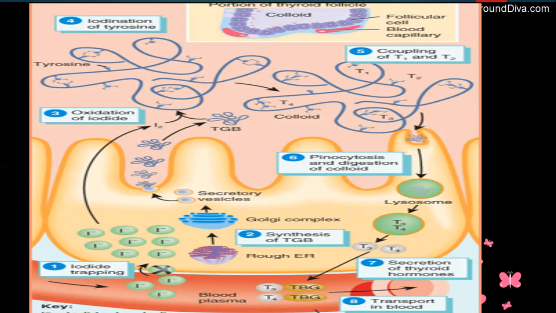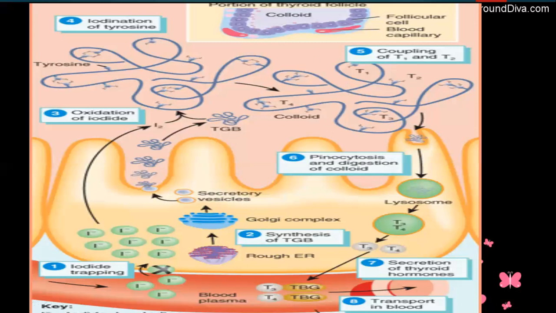If two diiodotyrosines join, it will form T4, tetraiodotyrosine. If T2 attaches with T1, it will form T3, triiodotyrosine. It will be stored in the colloid.